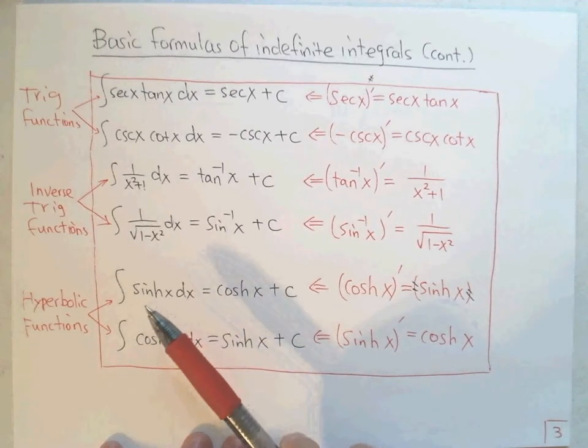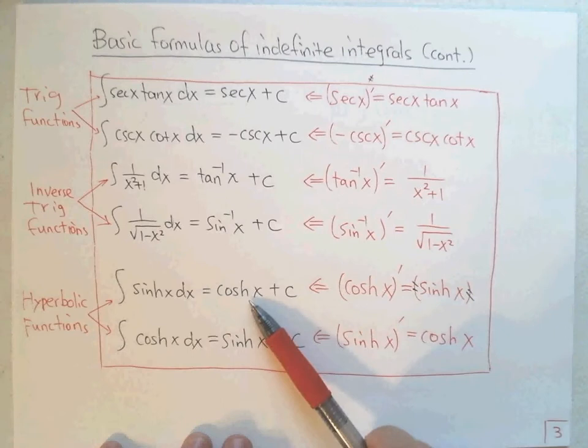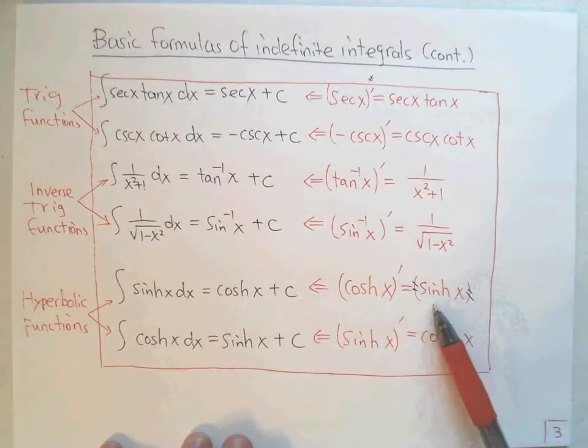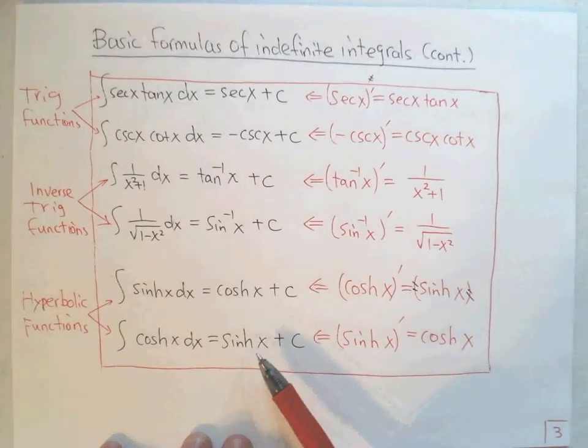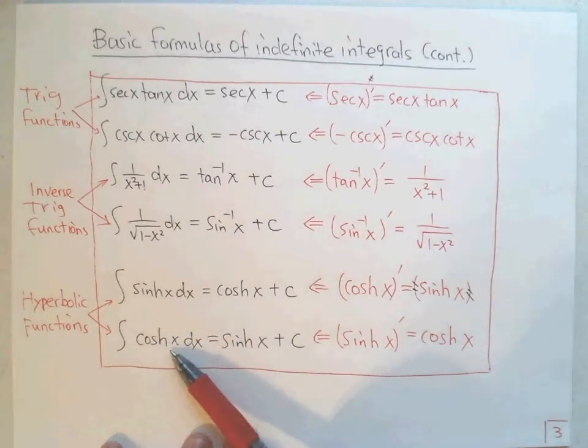The antiderivative of hyperbolic sine, or sinh, is cosh. Why? Because cosh take a derivative goes to sinh. And the same, sinh take a derivative goes to hyperbolic cosine. Therefore, sinh x is the antiderivative of cosh x.